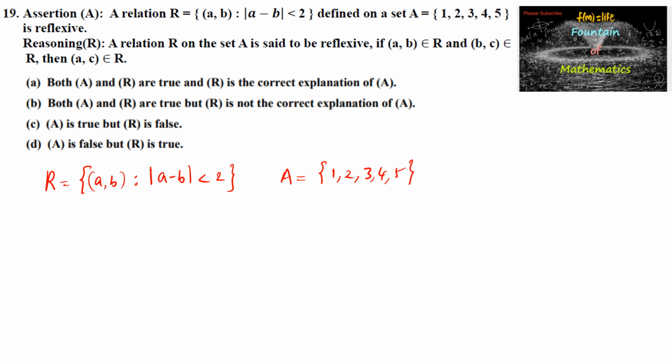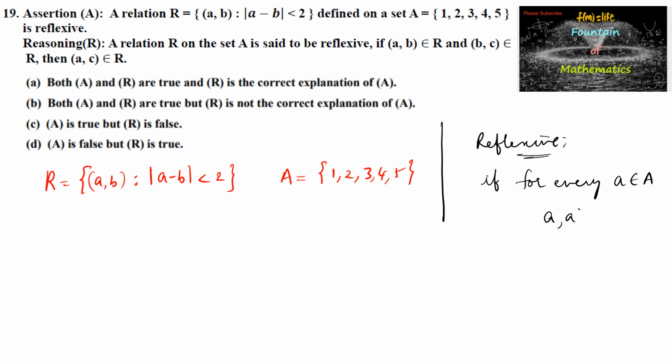So here we write the reflexive definition. A relation R is said to be reflexive if for every element A belonging to the set A, the pair (A, A) must belong to the relation R. Then we can say that the relation is reflexive.